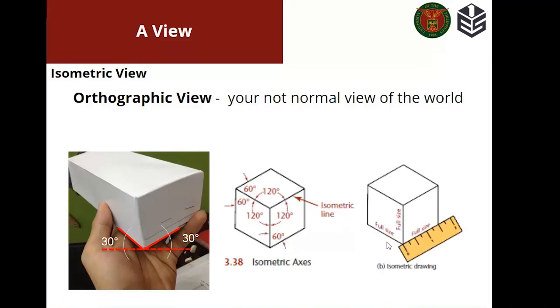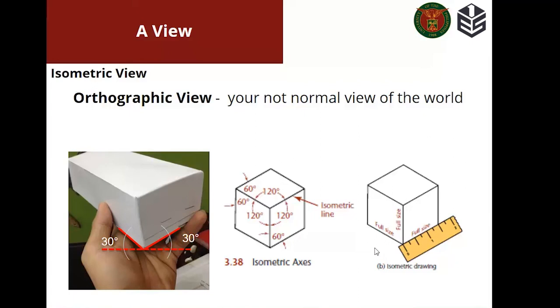Okay? And always, the length should be the full size of the object. Compared to this object, kahit picture siya, you will see that it diminishes in size. But if you're drawing in isometric view, these lengths should be the correct sizes.